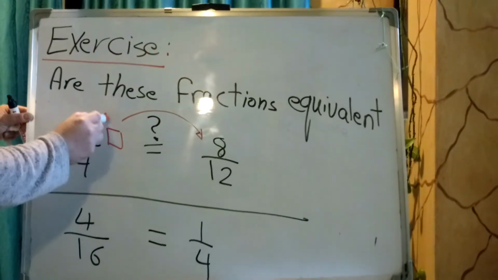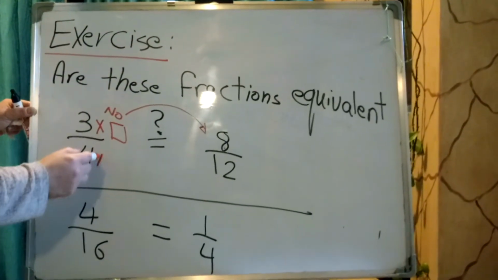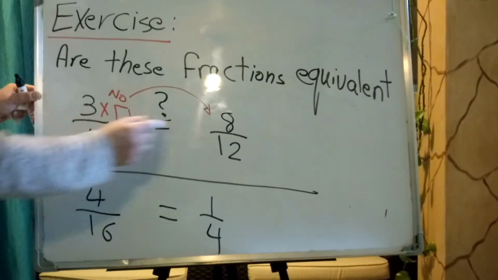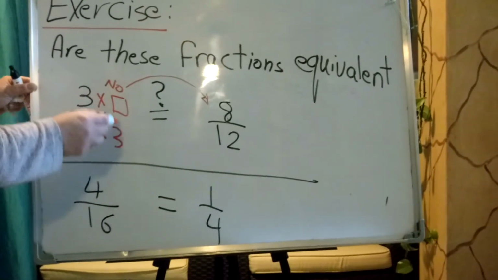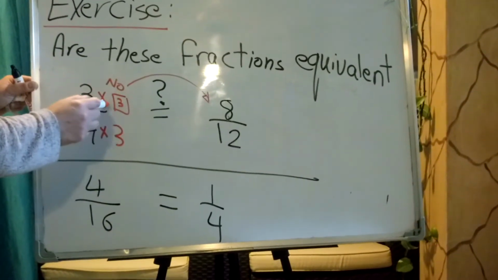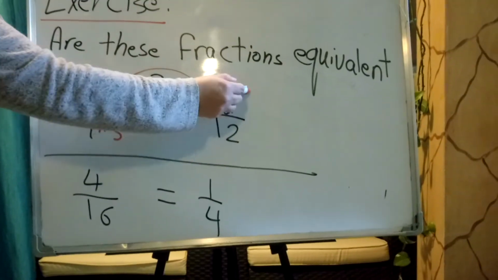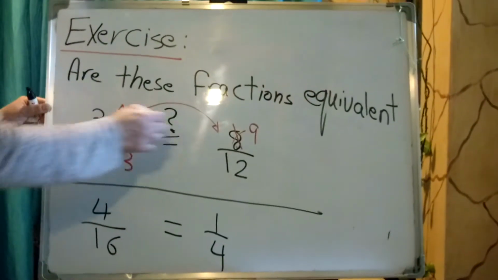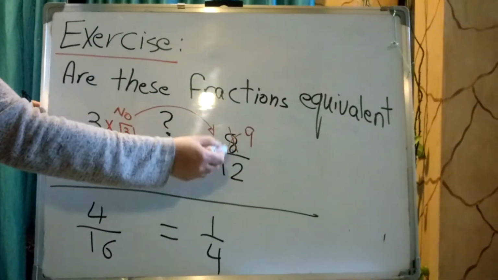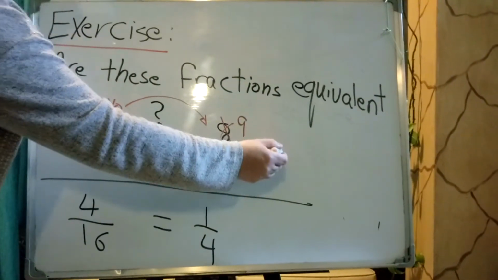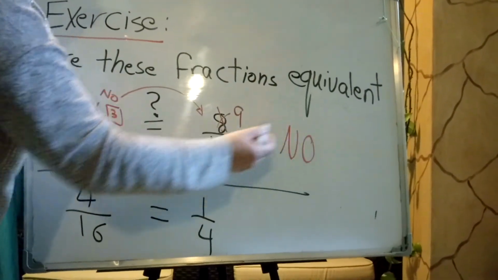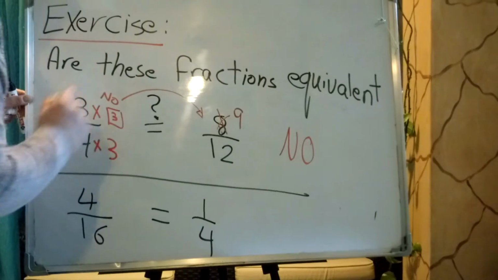No. Do you have any number that you multiply it by 4 gives 12? Yes, we have 3. But here, if we multiply by 3, you will get 9 and not 8. So these two fractions, 3/4 and 8/12, are not equivalent. So we write no, because the 8 should be 9.